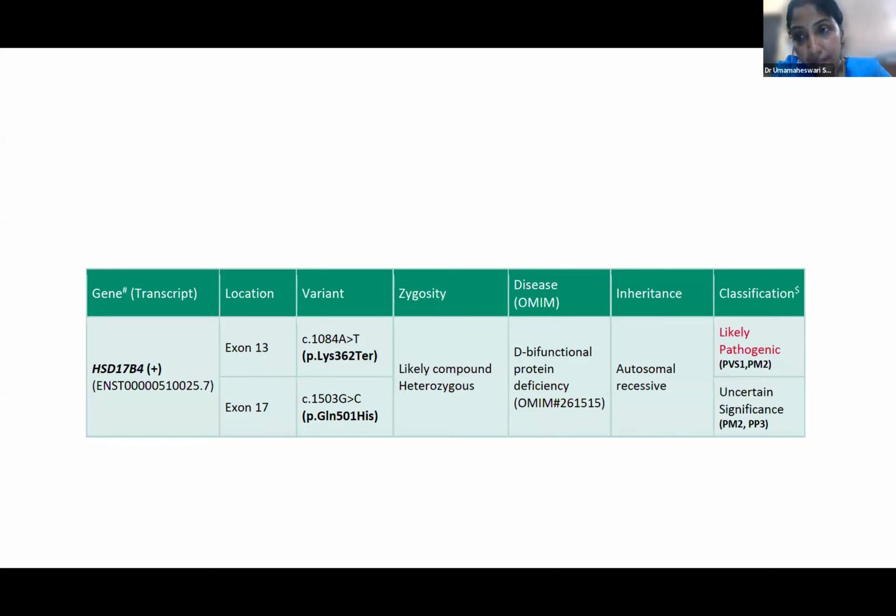What can be done for this baby as such? Generally for Zellweger spectrum disorder, a peroxisomal biogenesis defect, not much can be done in terms of changing the natural history. They have multi-system involvement and can progressively worsen.